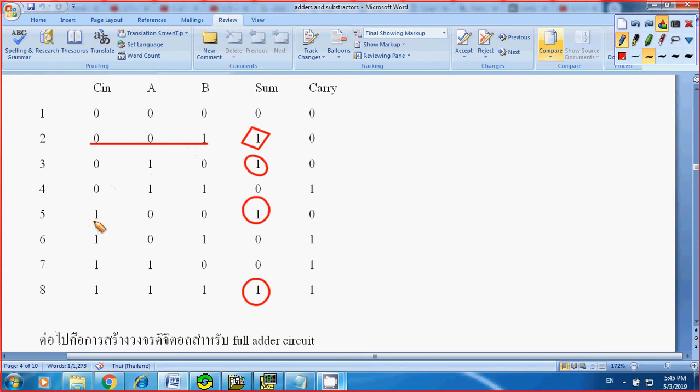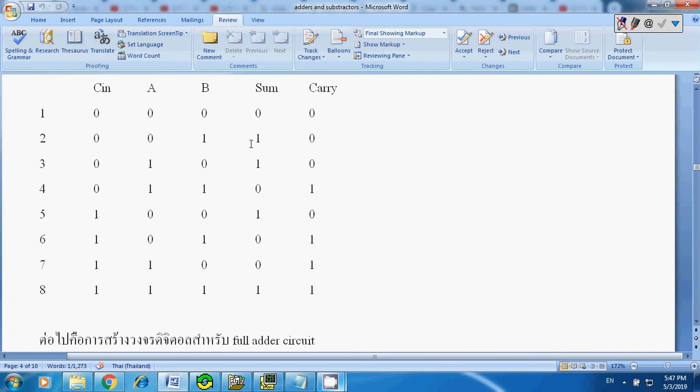Okay, and you can do the same thing for sum 2, sum 3, and sum 4. And to get the final sum output, you need to OR these sums together, or you need to apply your OR gate, or you use the plus sign as the symbol. For the AND gate you use the dot sign.